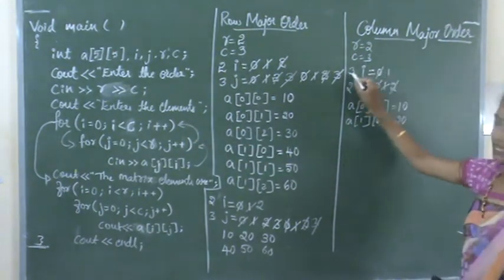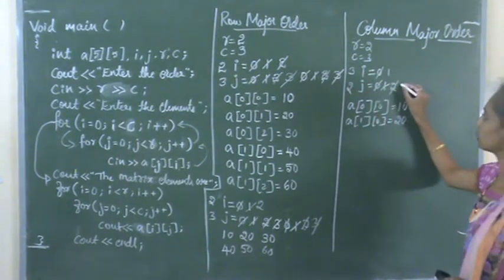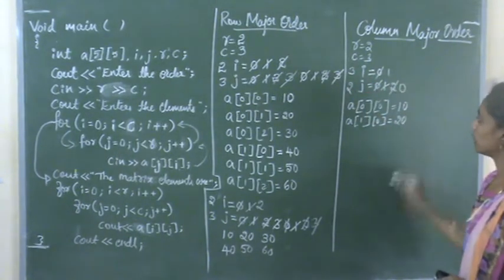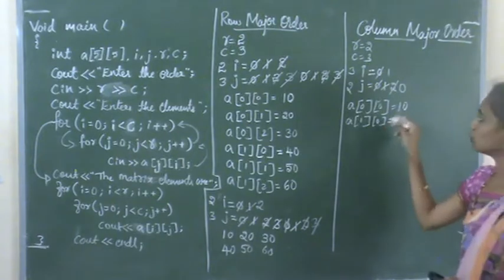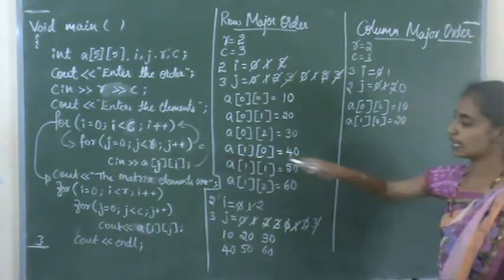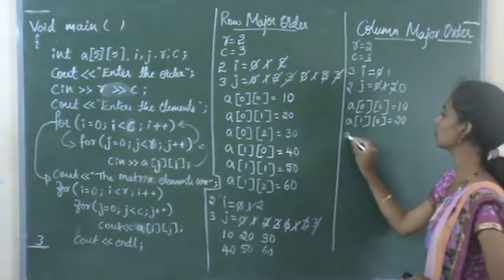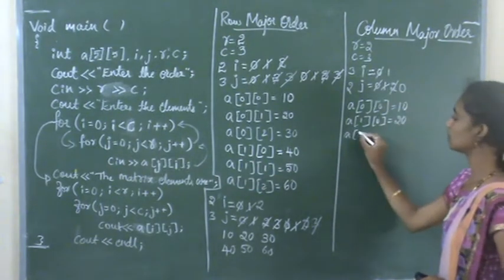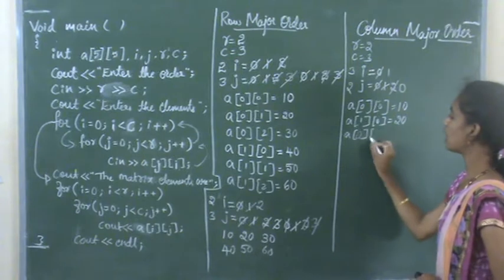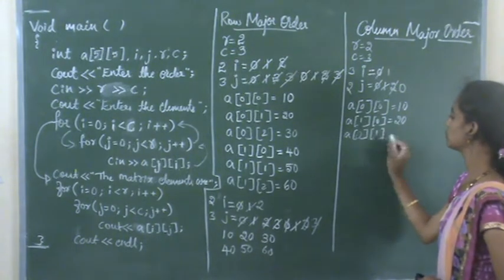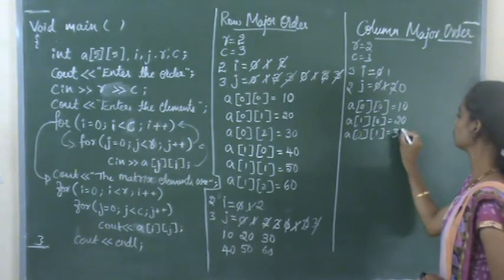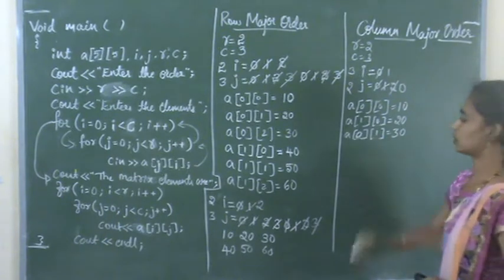Now check 1 less than 3, true. Again it will enter into the for loop, J value becomes 0. Now 0 less than 2, true, so it will enter into the for loop. Now A of what is the J value? J value is 0, I value is 1. So now I enter some value at this position. Okay.